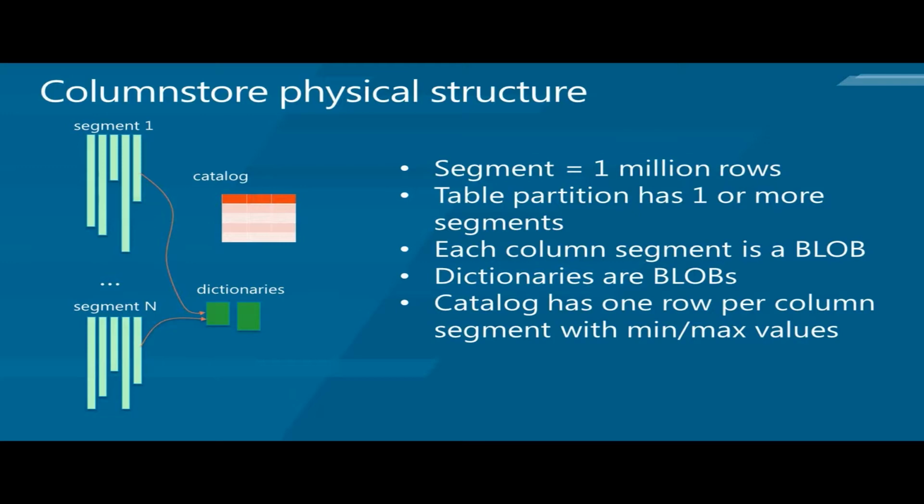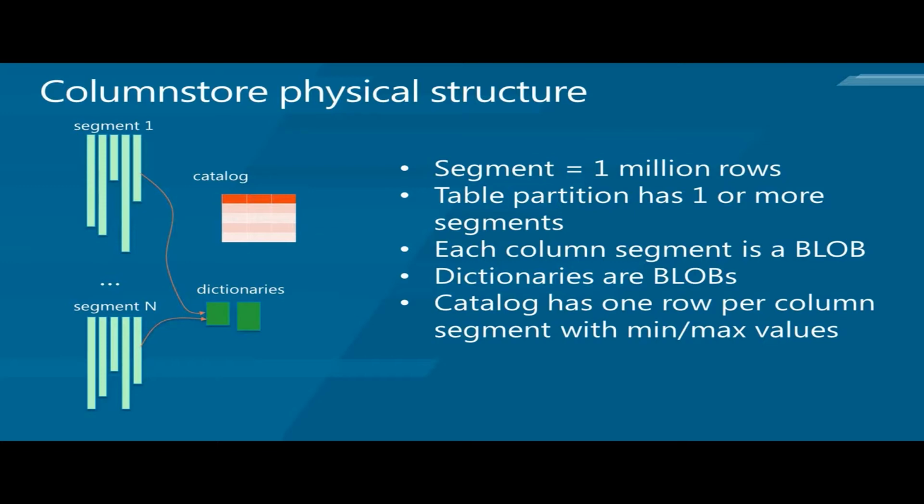So the physical structure here again, I talked about segments and the notion of a column segment. Each column segment is stored on disk as a blob or binary large object. Several different types of compression are used, but one of them is dictionary compression. If there's a small set of discrete values for a column, one way we can represent that is to create a dictionary that holds those discrete values and use an integer lookup key to represent each discrete data value, and that's used to look up into a dictionary.